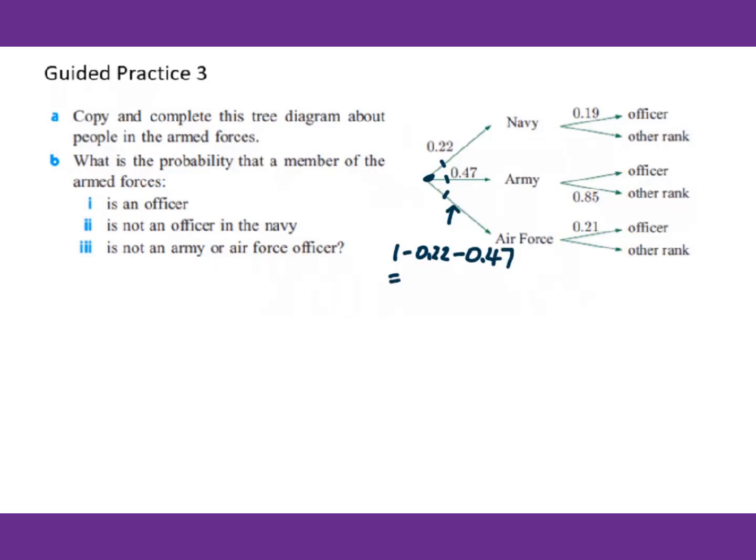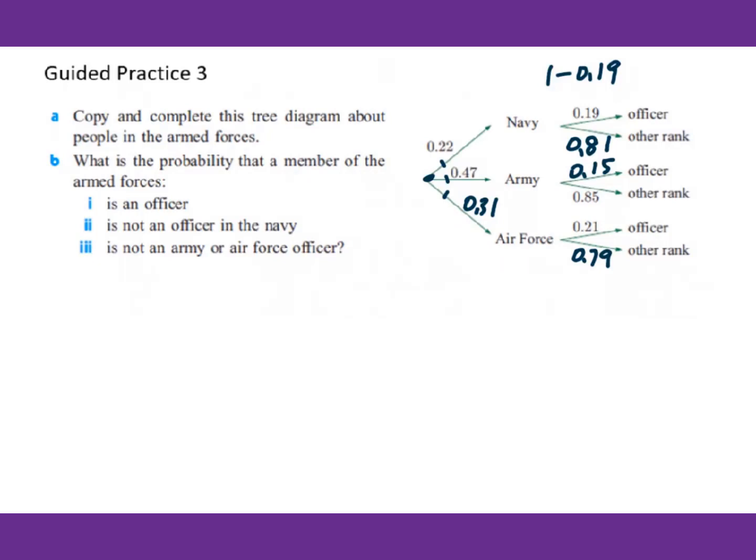So you get 0.31. For this, you will do 1 minus 0.19. You will get 0.81. 1 minus 0.85, 0.15. 1 minus 0.21, that's 0.79.